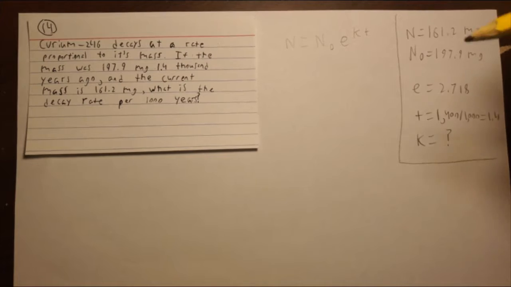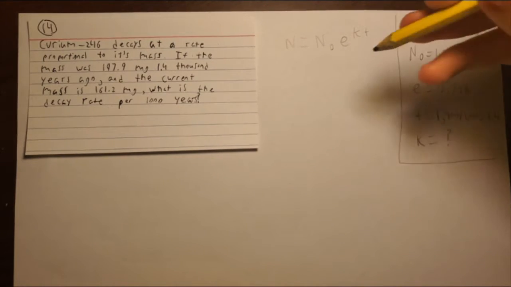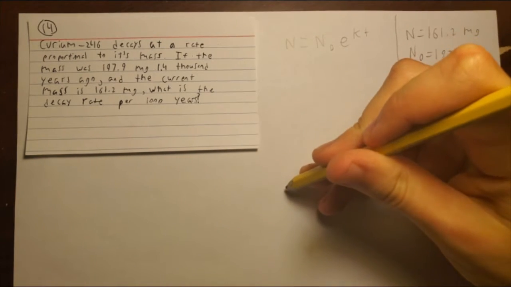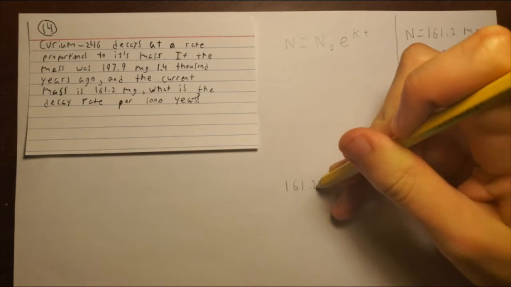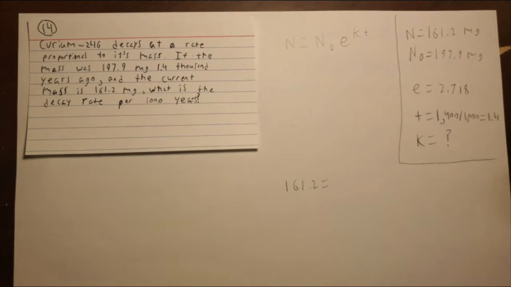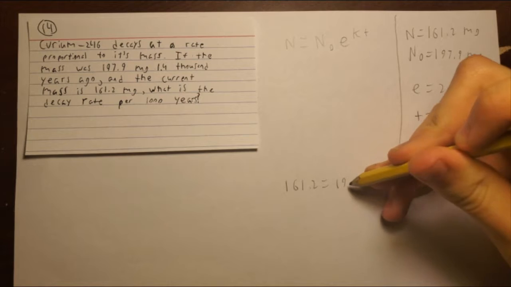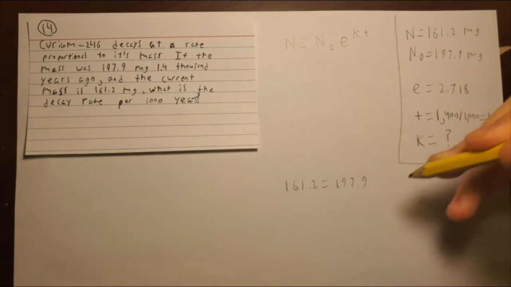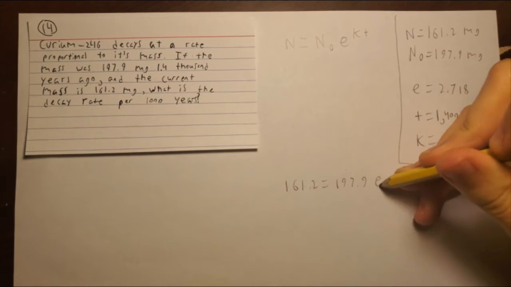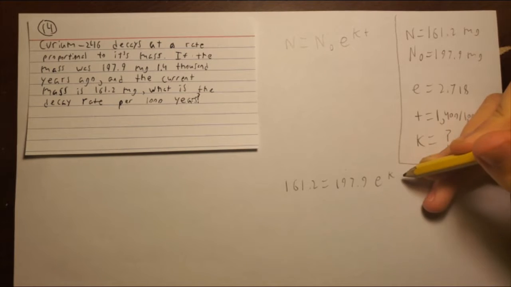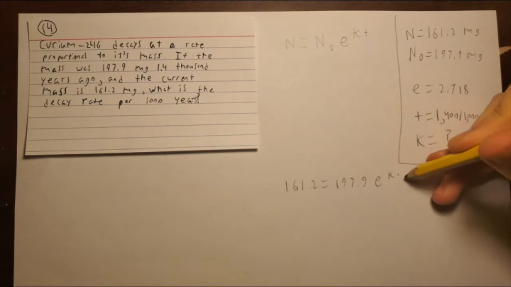So N, as we see here, is 161.2 milligrams. So put this down here, 161.2 is equal to 197.9 times e to the power of k, and then the T we'll put in is 1.4.